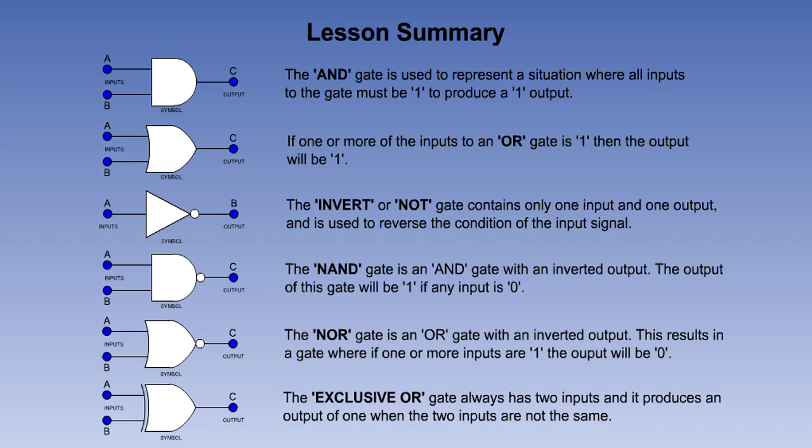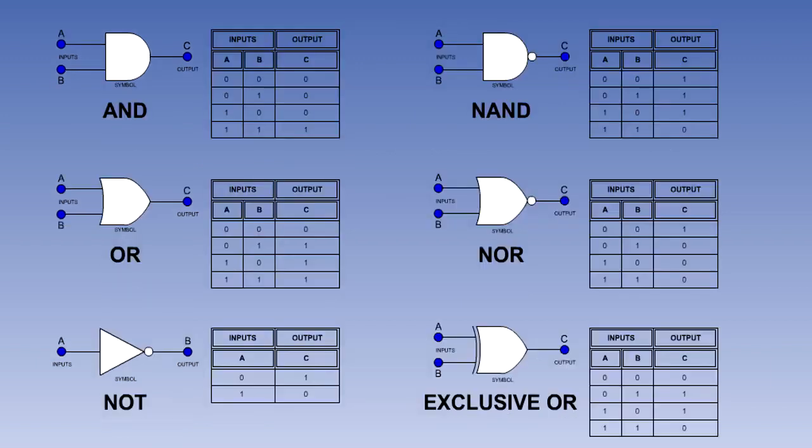That is to say, for an output of 1, one input must be 1 and the other 0. When you are ready, continue to see a review of the truth tables for the 6 logic gates. The truth tables for the 6 logic gates are now being displayed on the screen.